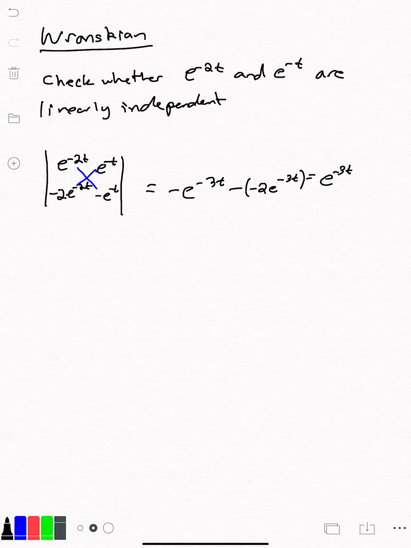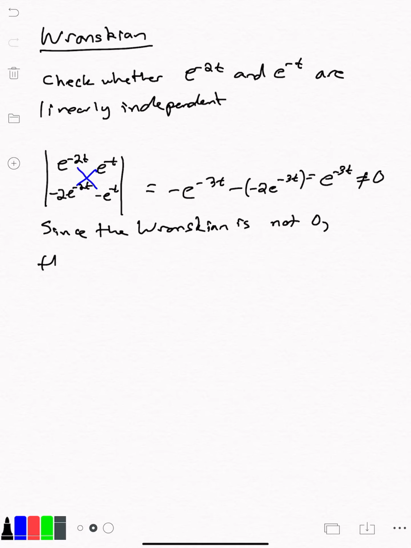And the thing is, when you take this determinant, as long as you don't get 0, then they're going to be independent. So since the Wronskian is not 0, the two functions are linearly independent.